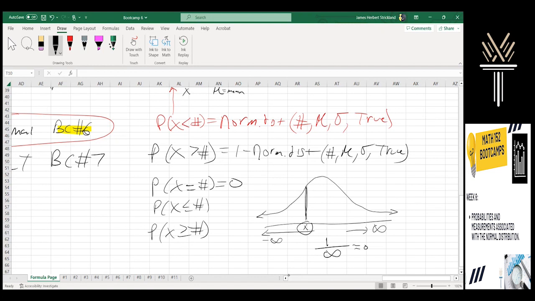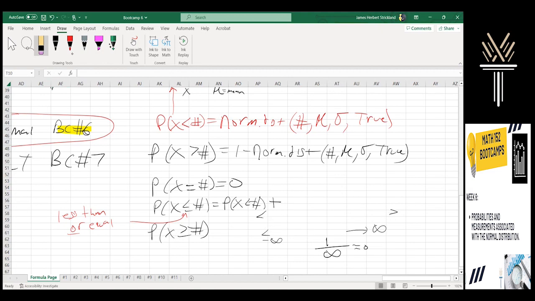And so what does that help us with? Well, if that's the case, remember that this symbol on the second one right here, that says less than or equal to. Well, that's an or case. We learned this back in classical and empirical probability. That's the probability of X is less than some number, plus, right? We add for ors, plus the probability of X equal to that number.